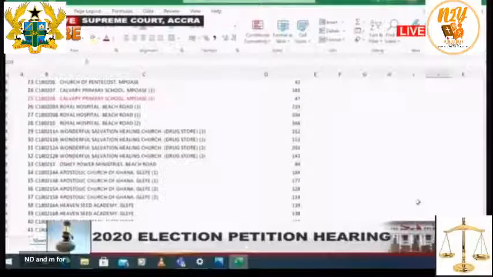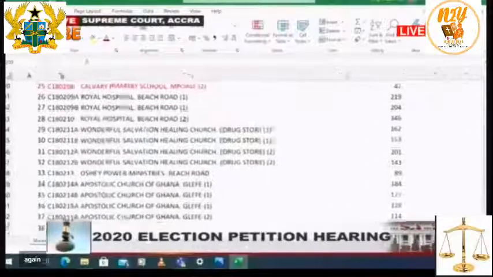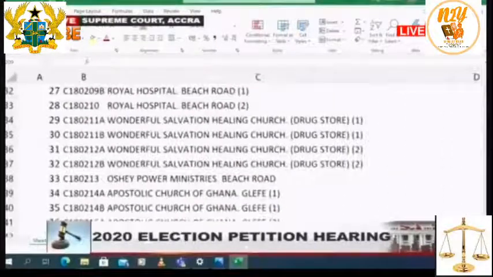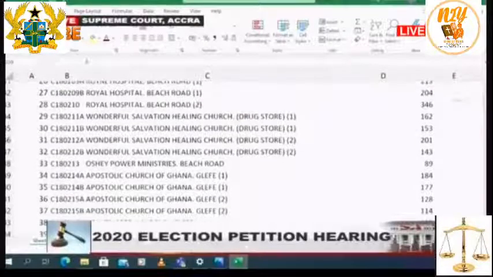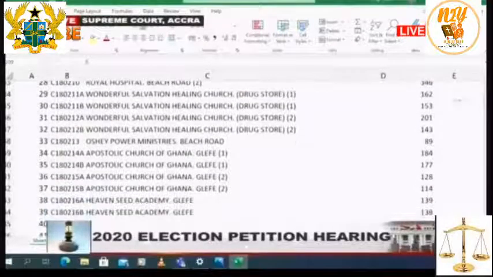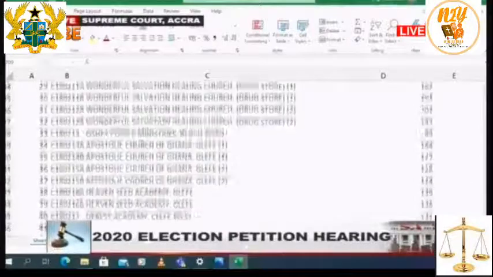Sangrerigu, padded. Sunyani East, padded. Tain, padded. Tamale North, padded. Now you are expanding it. Then Tema East, both NDC and NPP, padded. And finally, Upper Manya Probo, padded for NDC.